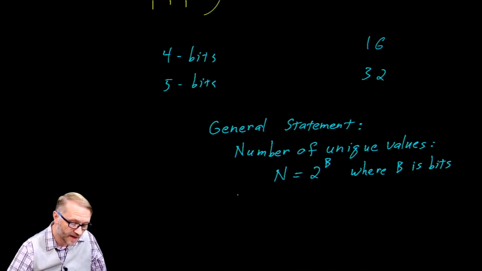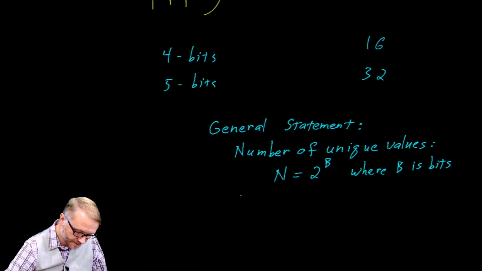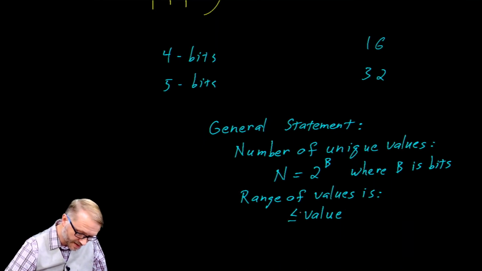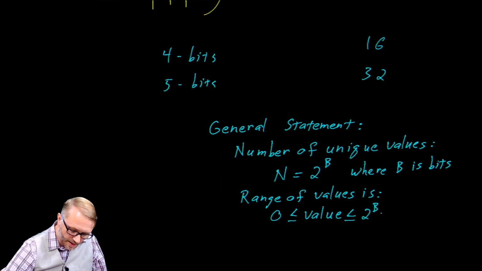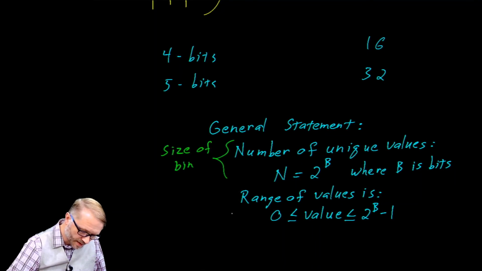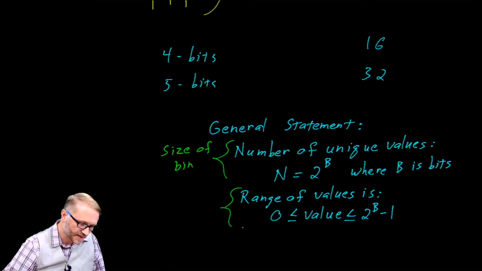We also define a range of values, which is to say the number that may be held in the memory location, is greater than or equal to 0, but less than or equal to 2 raised to the b minus 1. You could look at it this way. This is the size of the bin, and this is the numbers that can go in the bin.